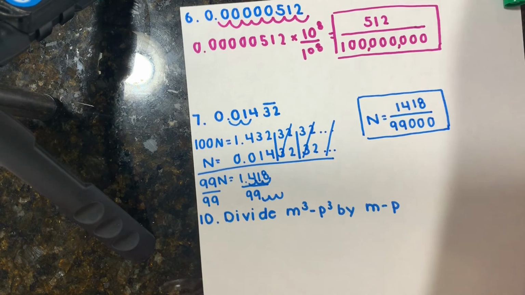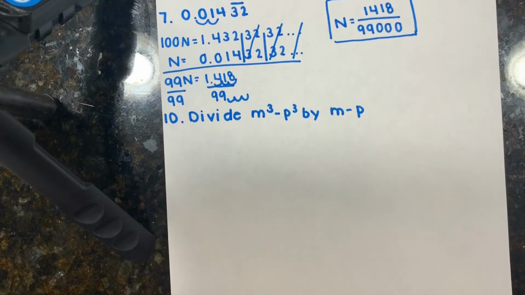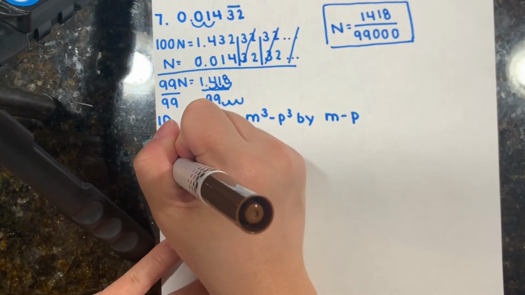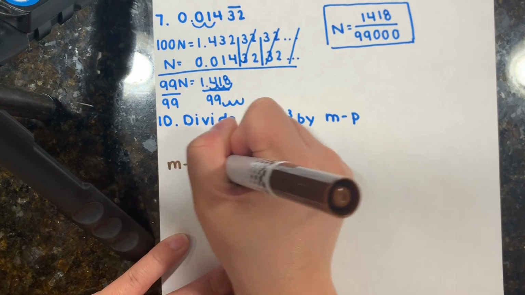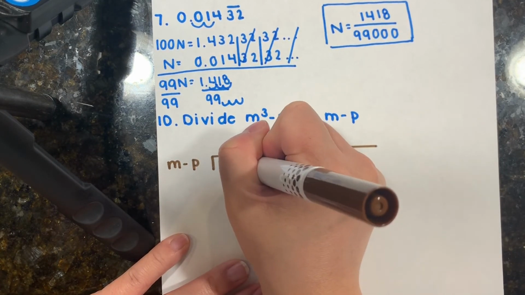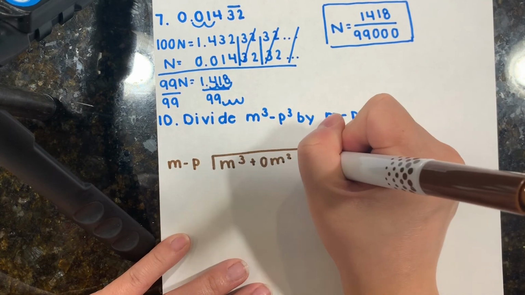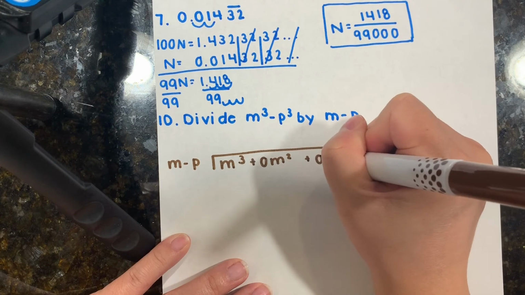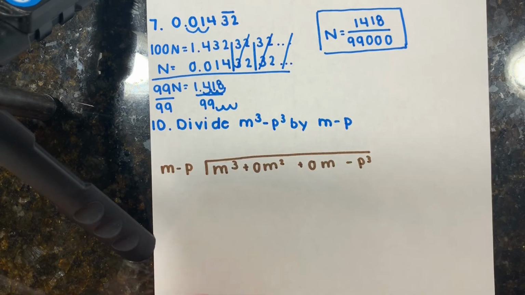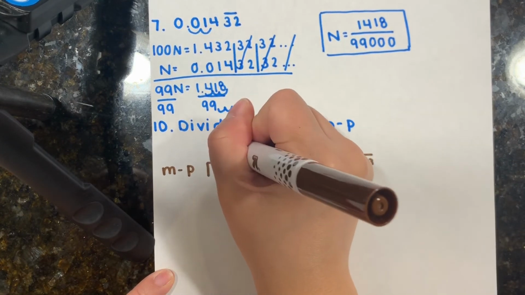Now moving on to number 10, we are going to divide. So number 10 was from the last lesson, lesson 103. So we're just dividing. And then we're going to start with m minus p on the outside, and on the inside, I have to start with my highest power, m to the 3rd, plus 0m squared, plus 0m, and then minus p cubed. So I'm going to divide my m cubed by m, which would just be m squared.